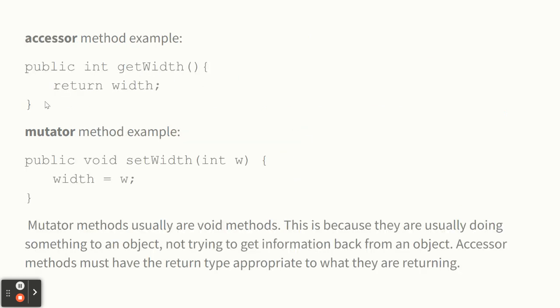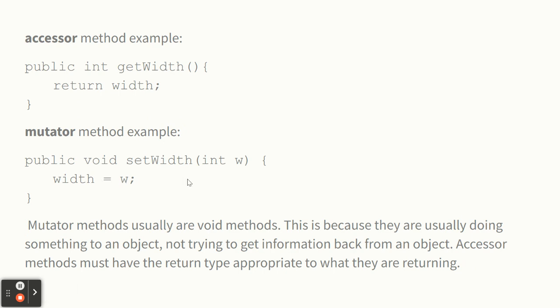So this is an accessor method example. It's as simple as just throwing the data back at the person. Public int get width, it tells you the width, return width. So that's accessing a private variable. And then a mutator method, this is setting the width to something.